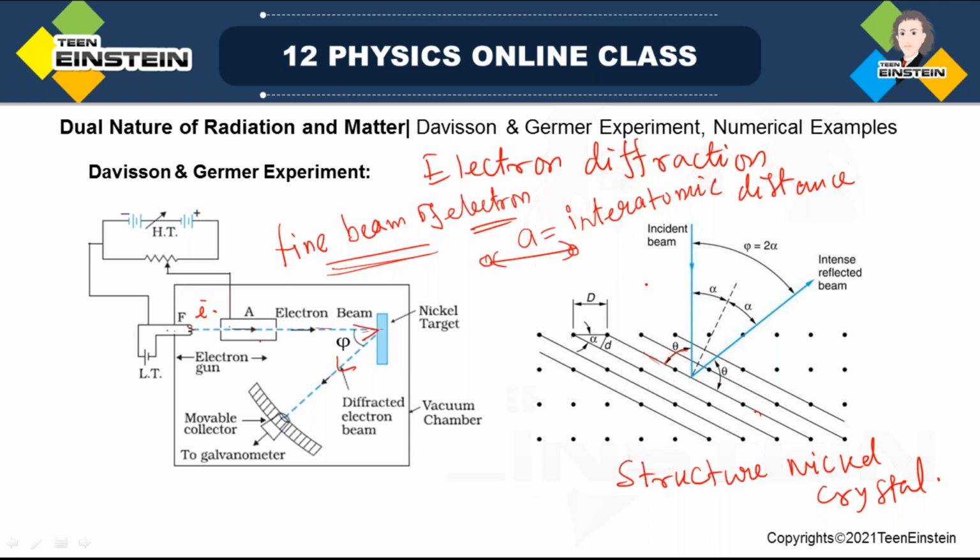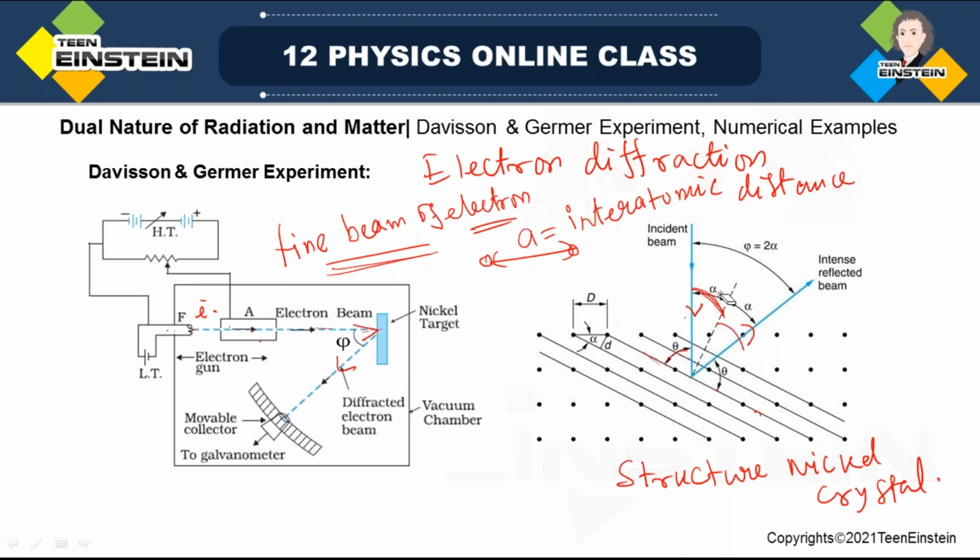This theta is called the glancing angle, and this is also a glancing angle. Just like a mirror reflection, the incident ray is coming and getting reflected. If you think of this as the incidence angle, alpha, then the angle of reflection will also be alpha.